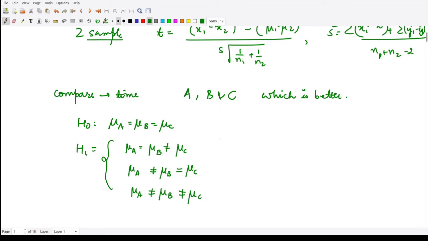So what you could do is apply the two sample t-test here. How many times? 3 times. How?